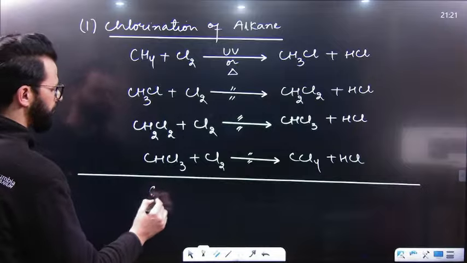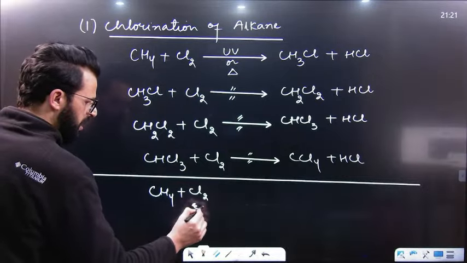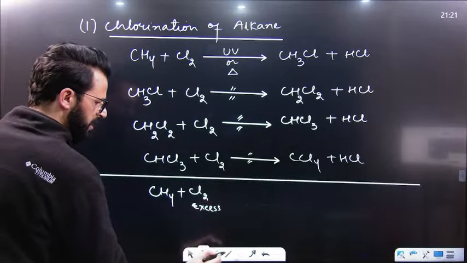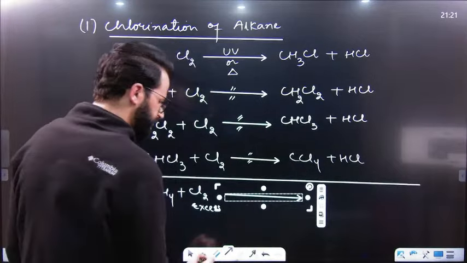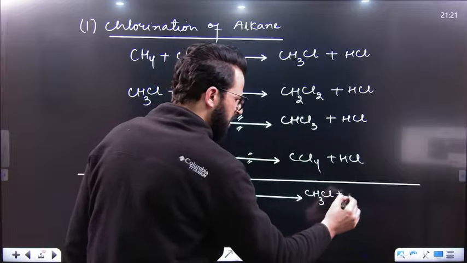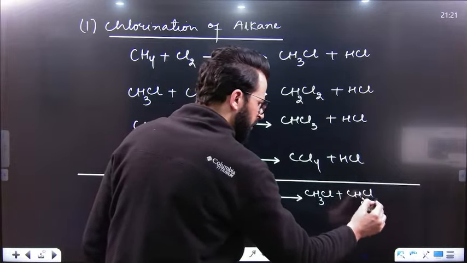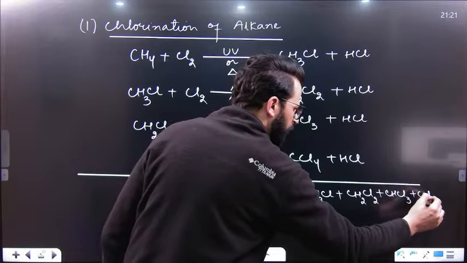That means if methane is taken with chlorine in excess, what will be the products formed over here? Here, the product formed can be CH3Cl, it can be CH2Cl2, it can be CHCl3, or it can be CCl4.